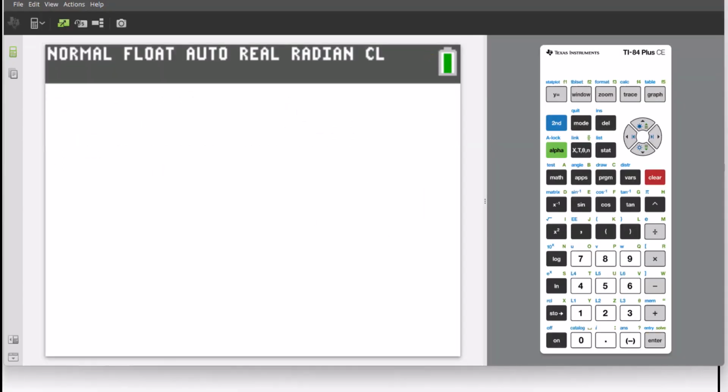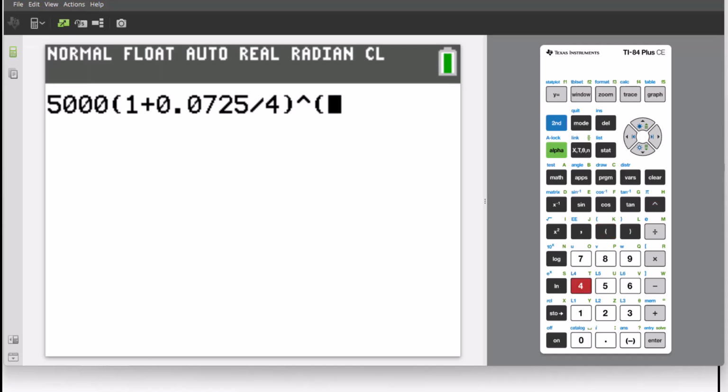Let me clear what's on screen, and we're going to type in 5,000 times 1 plus the rate of interest, 0.0725, divided by the n, for us it's 4, to the power of nt. So remember, there are two numbers that need to be in the power, so make sure you use parentheses. If you don't, the calculator will raise everything to the power of 4, then multiply the whole answer by 9, which is incorrect. We want to raise it to the power of 4 times 9, meaning 36.